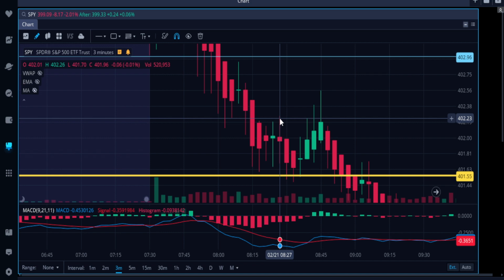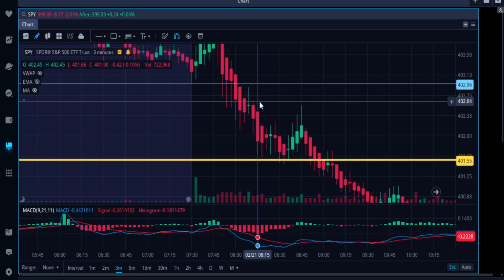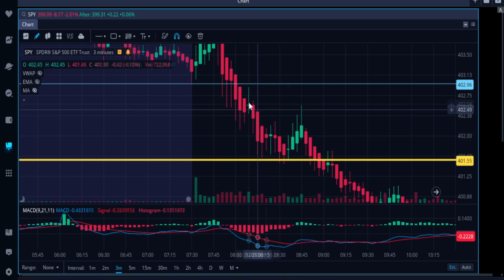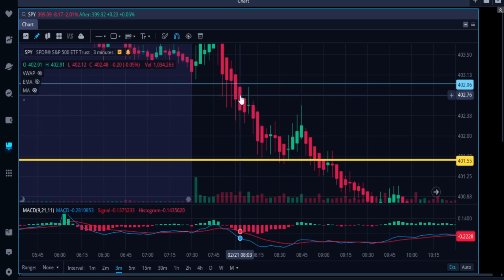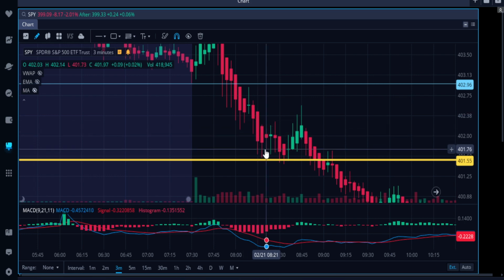So that's pretty much an example of how I trade. I identify a strong level, find myself a wide enough target, which in this case was the 401.55 area, and then I wait for proper confirmation. Once I get all those, I enter, and then I stay in the trade as much as I can and as close as I can to my target.